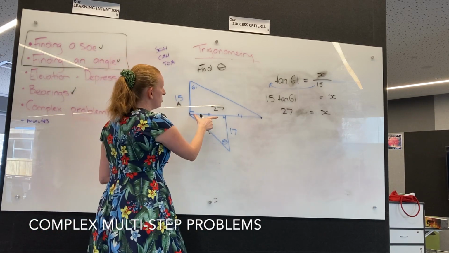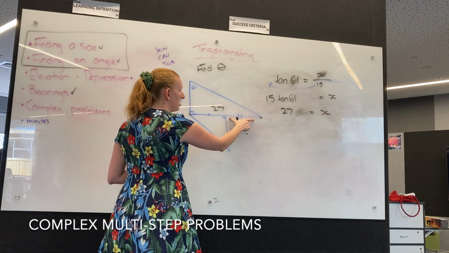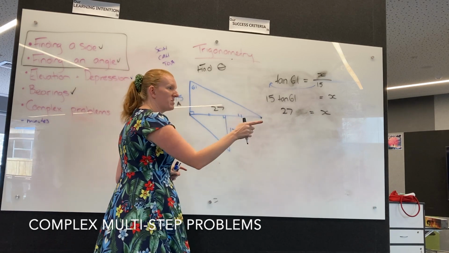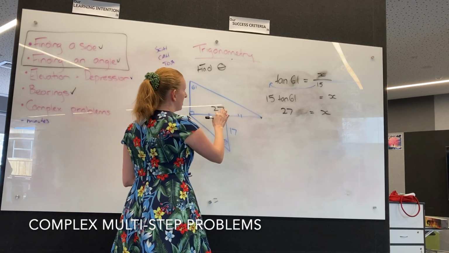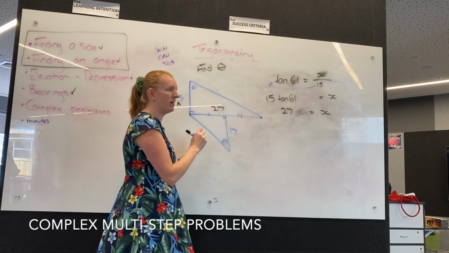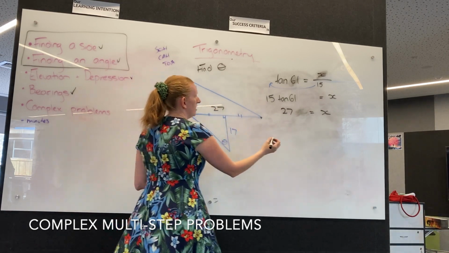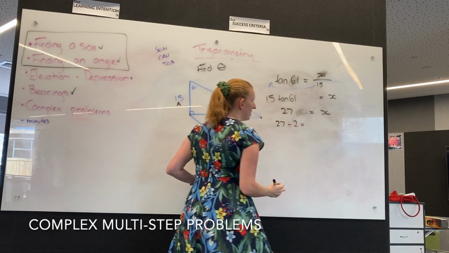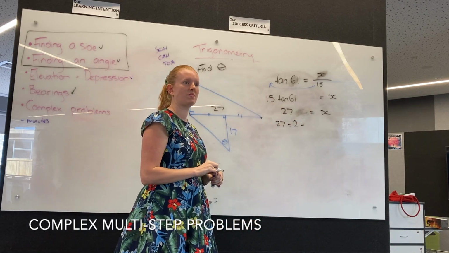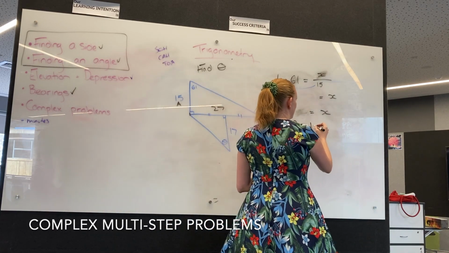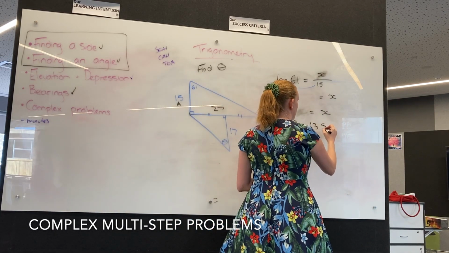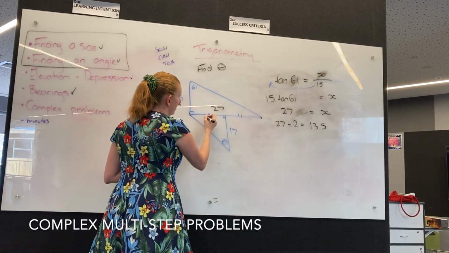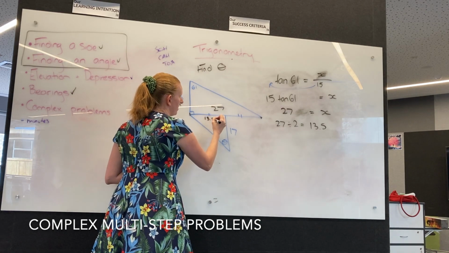So if these two slices are equal, awesome. So I'm going to cut 27 in half, and that's going to be the length of this. So 27 divided by 2 gives me 13.5. Great. So that's how wide this is.